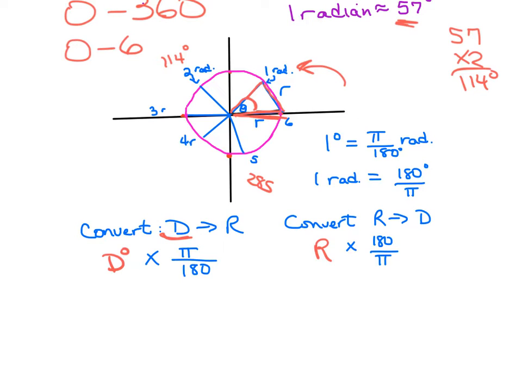So we're going to practice converting from degrees to radians first, and then from radians to degrees. Before we do that, this is just a screenshot of what I just said. To convert from degrees to radians, we multiply the degree by pi over 180. To convert radians to degrees, we multiply by 180 over pi.